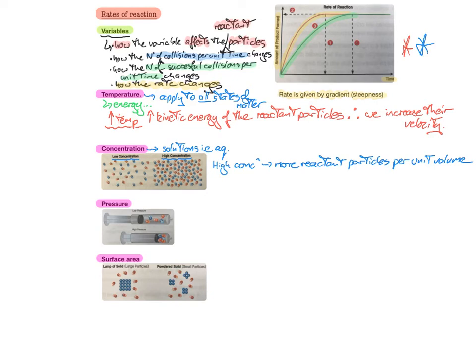Okay, pressure. Well, the only state of matter we can mess around with the pressure for is gases. And actually gases, if you look at the picture, it's going to be very, very similar to concentration. At low pressure, we don't have very many reactant particles per unit volume.